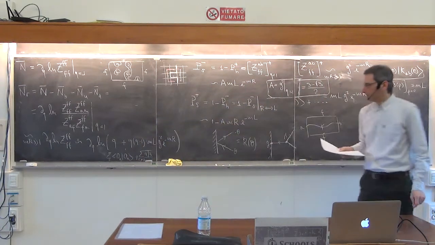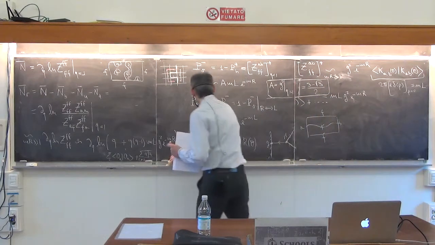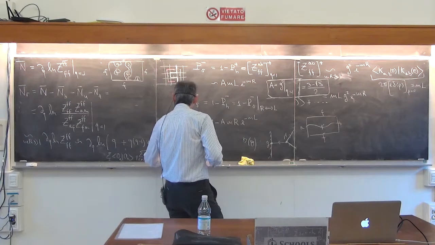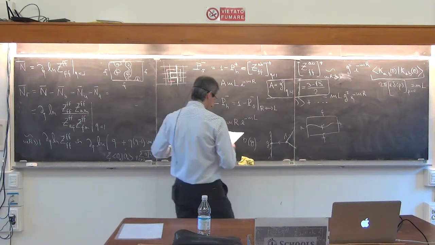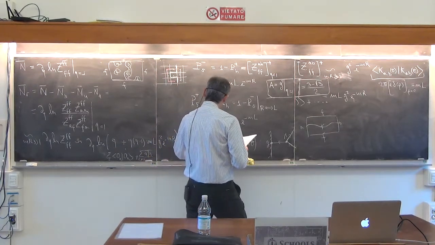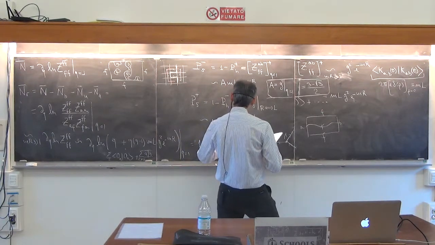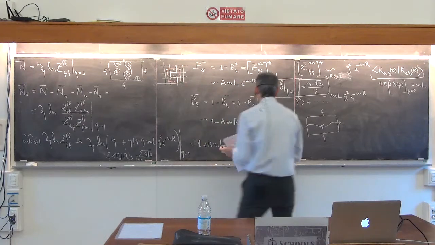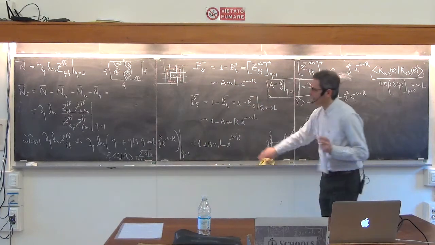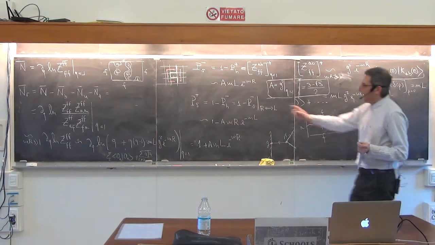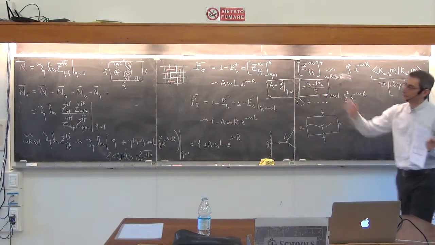Okay, so this is the expansion. You take the derivative and you find, if you take everything then x equals 1, because all the rest are things we already computed. A is this amplitude.